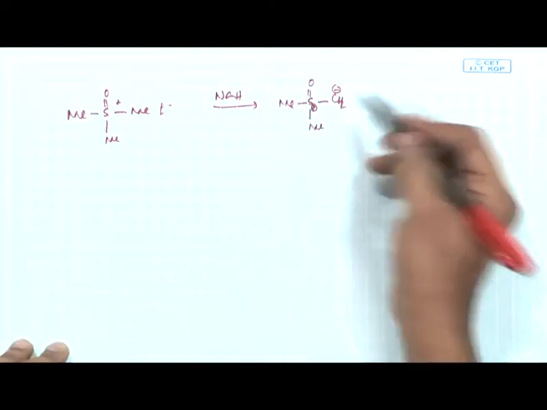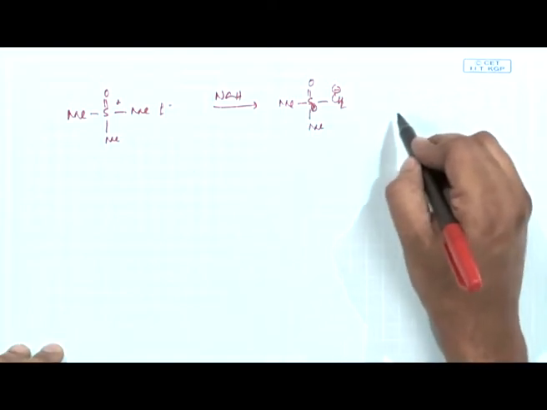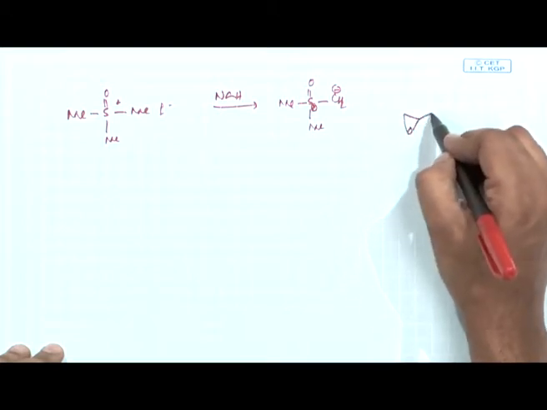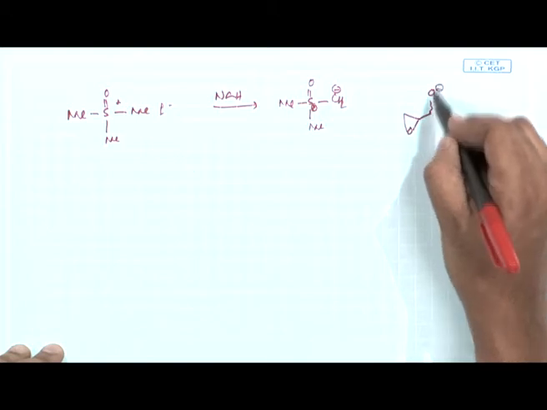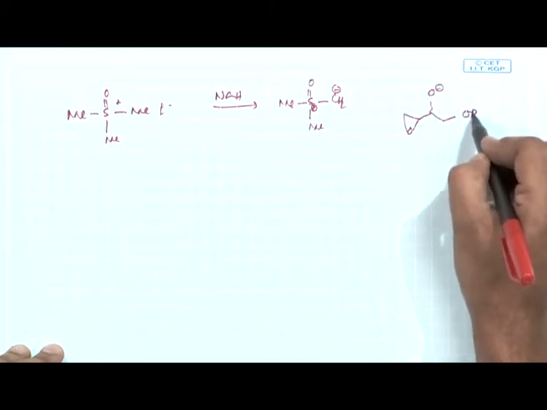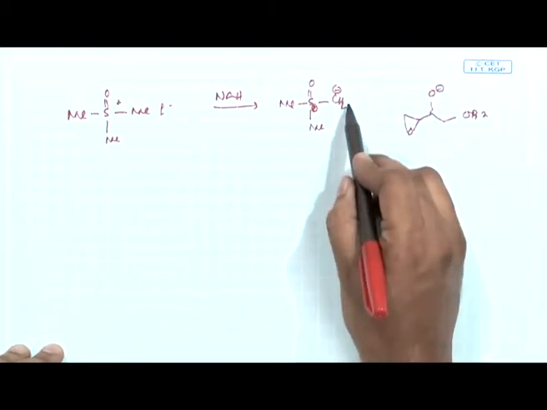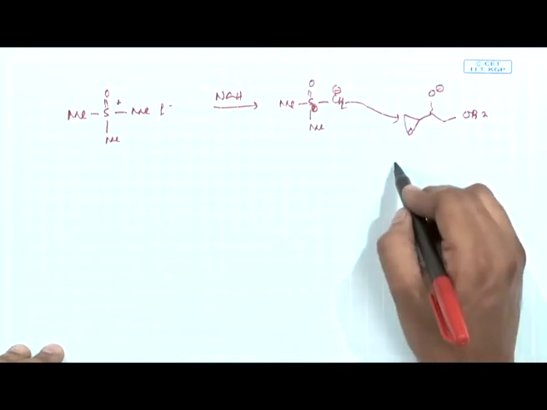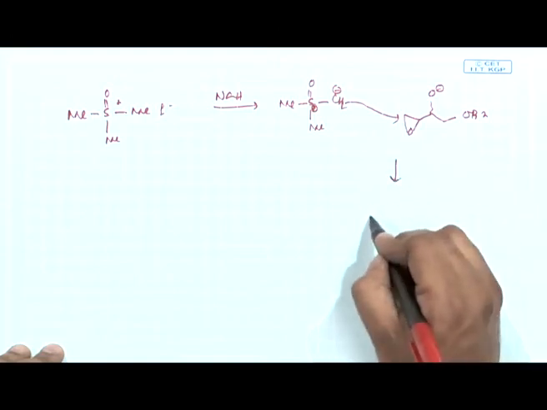Now, this CH2 minus will attack the terminal epoxide which has been generated after the Payne rearrangement. This nucleophile will attack the sterically less hindered site.